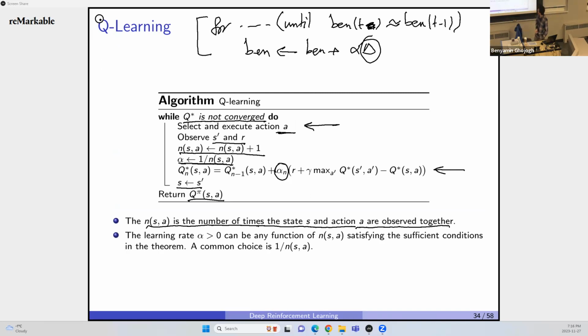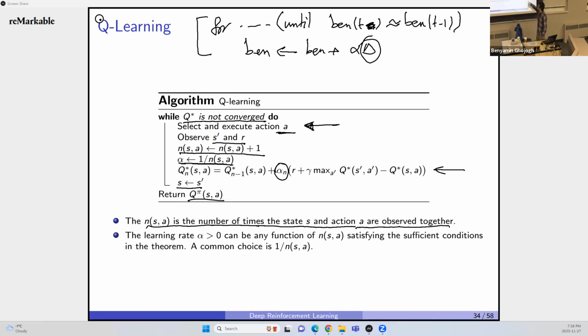And so while Q star is not converged, select and execute action A. And this needs some discussion, I will tell you. Assume we somehow find the action A, and then by doing this action, we see the state of the environment changes, right? To S prime. So we see S prime, the next state, and the reward, the current reward, right? N of S,A increments. Why?